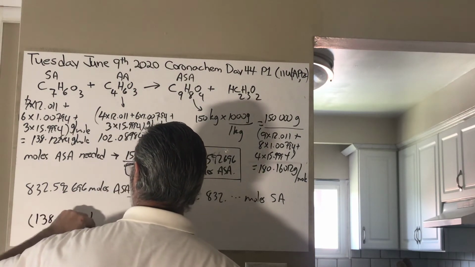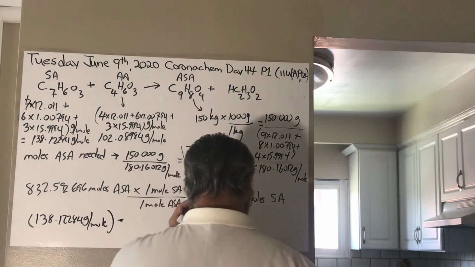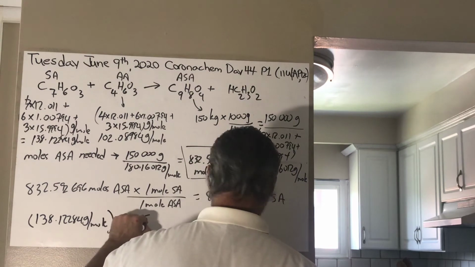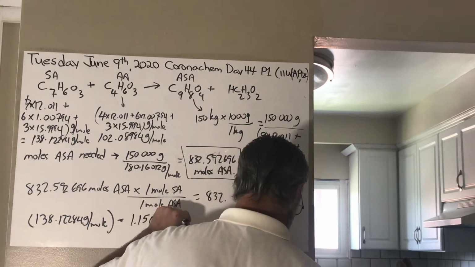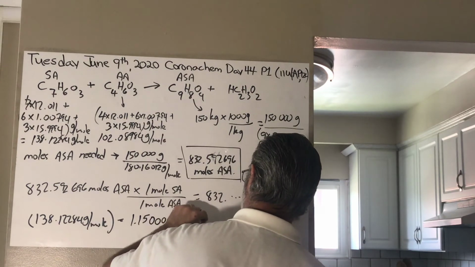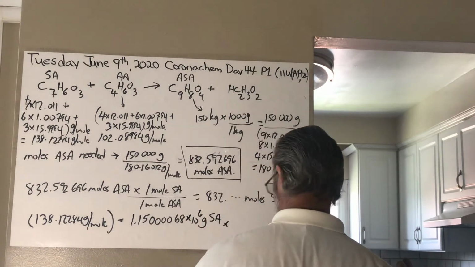138.12284 grams per mole means you are going to need 1.15000068 times 10 to the 5 grams of salicylic acid. Let's convert that to a more manageable number.